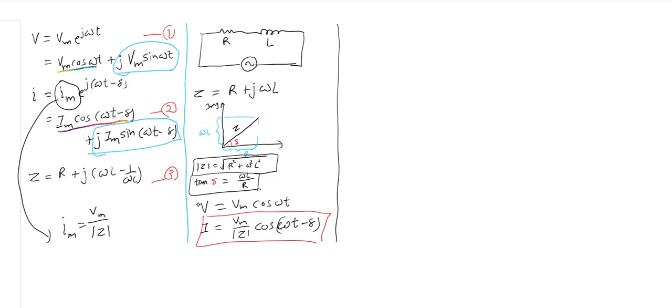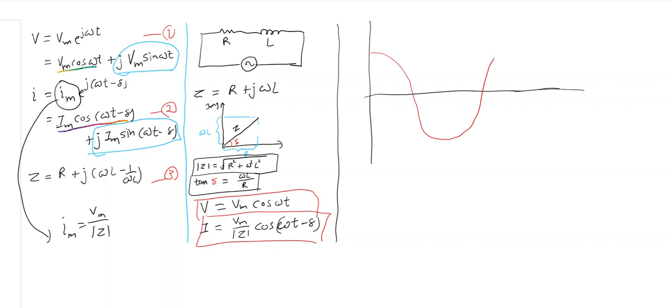And now, how do I plot this? If the variation in voltage is presented like this, because it is a function of cos, how do you represent current?